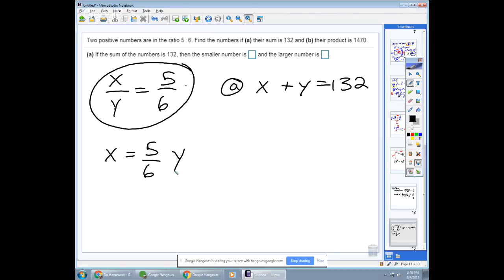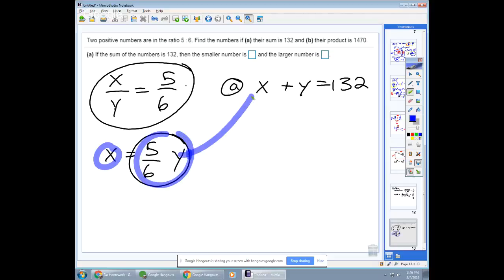If you tell me what you think y is, I can use this to say what x should be. Like if you said y was 6, 5/6 of 6 would be 5. I'd say, yeah, x has to be 5. If you said y was 12, 6 goes into 12 twice, 3 times 5 is 10, x would have to be 10. Okay? But we can't just guess at y, we have to use this over here. What we've done is we've just said, x is always the same thing as 5/6 y.